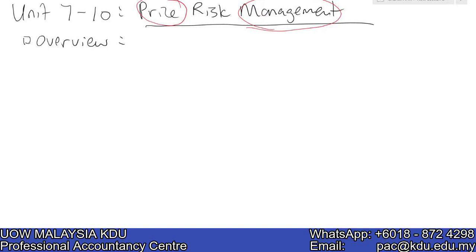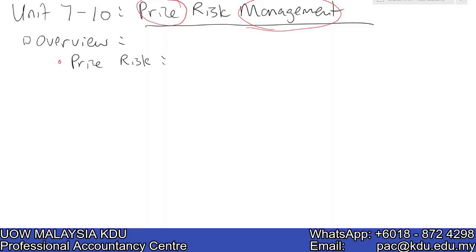So at the first place, everyone, let's take a look at the overview by understanding what we mean by price risk. As I mentioned to you, risk is all about the uncertainty arising from future information, which is particularly relevant to all decisions that we are to make.